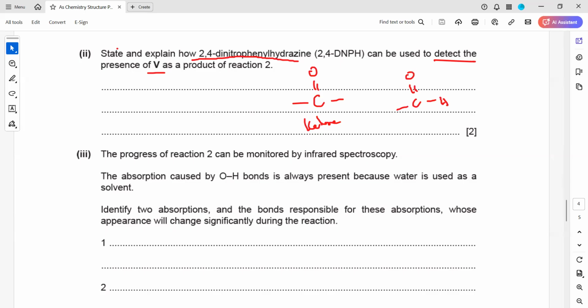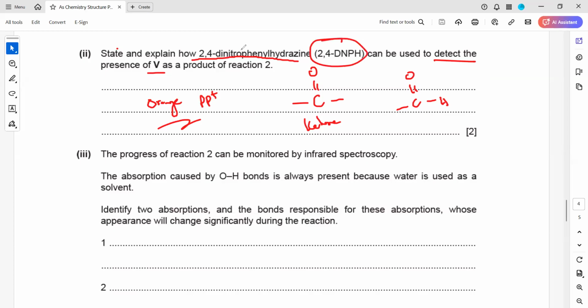And you have to learn the observation. It will be a red or orange precipitate if a carbonyl group is present in a compound. Whether it's an aldehyde or a ketone, it will give an orange precipitate. So this is a test to check for the carbonyl group.